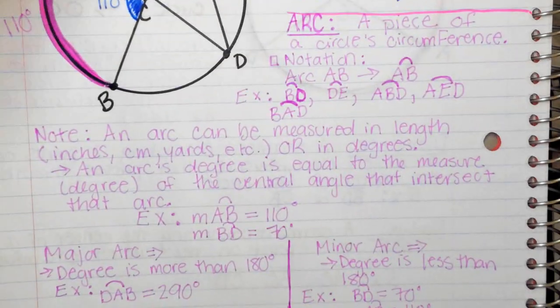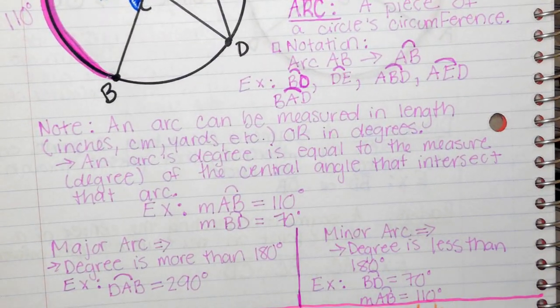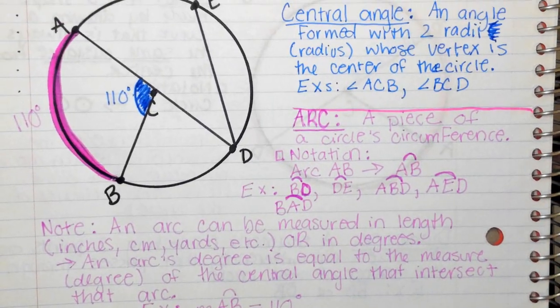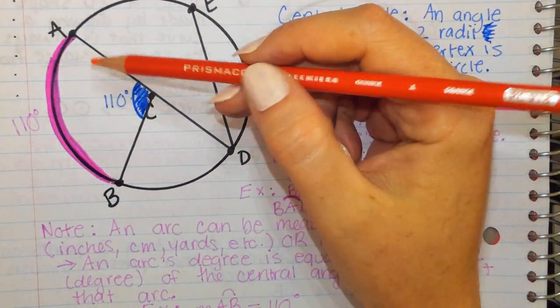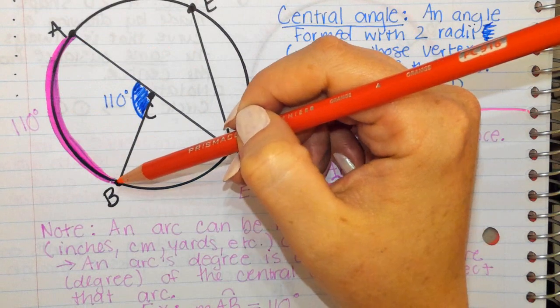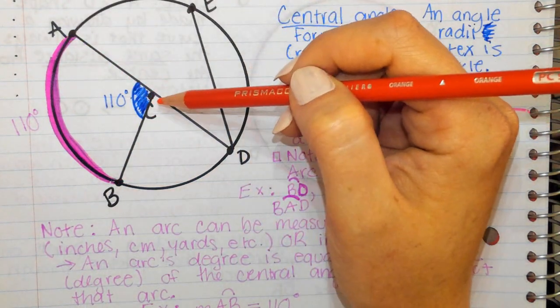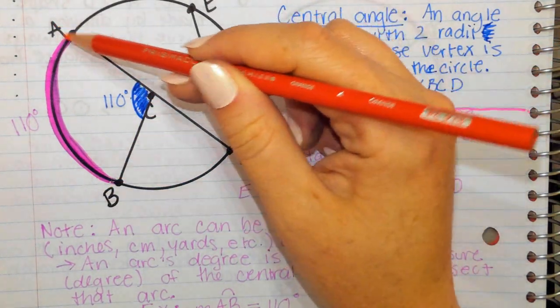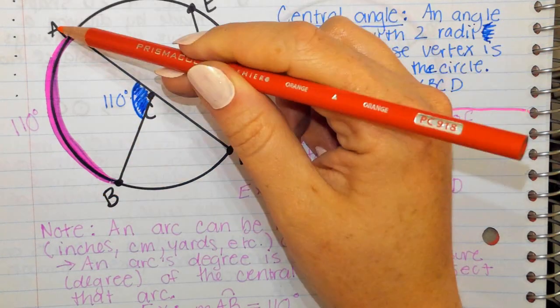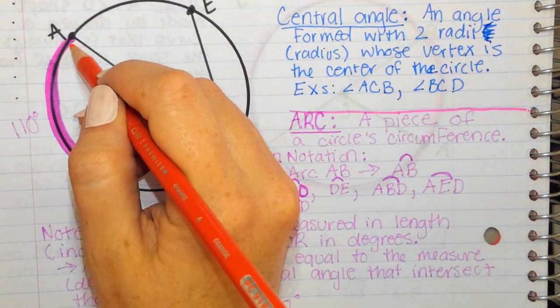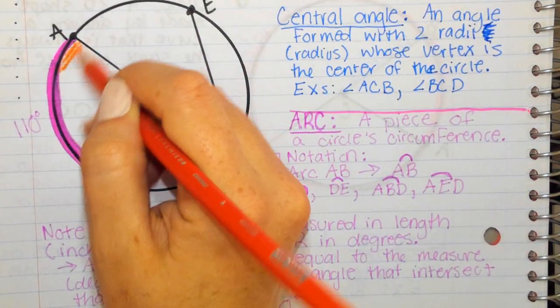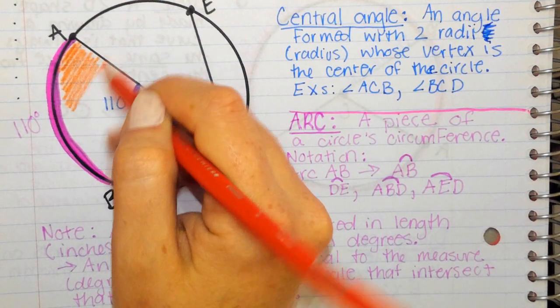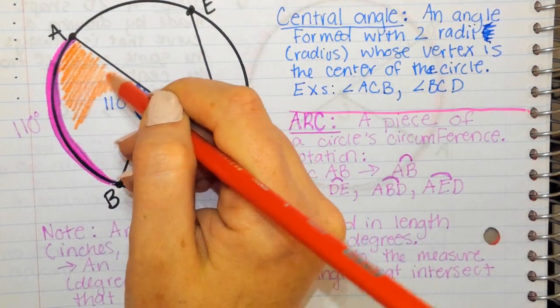All right. So an example of a sector. Let's say that we had this arc AB, and basically I wanted to figure out what the area of this piece of the circle would be. That area is what we would call a sector.